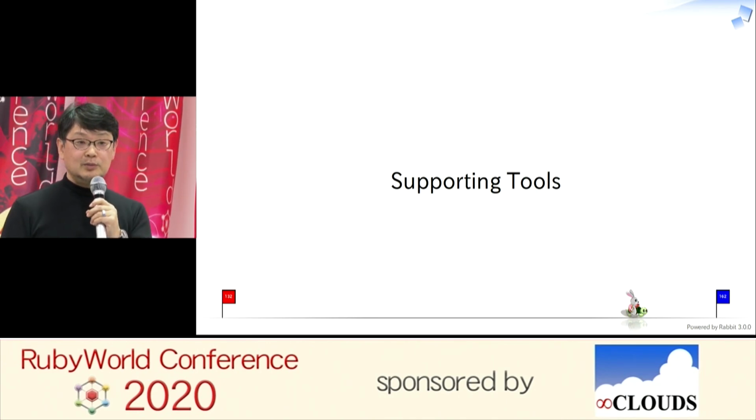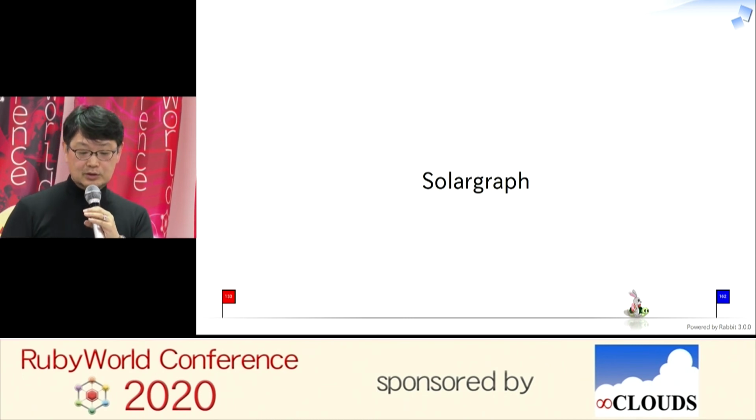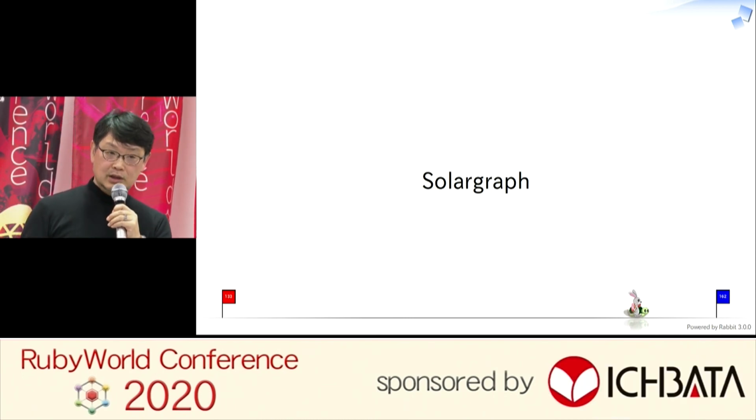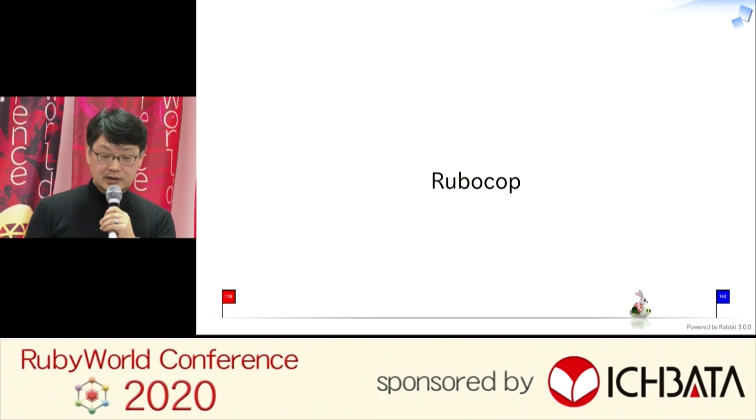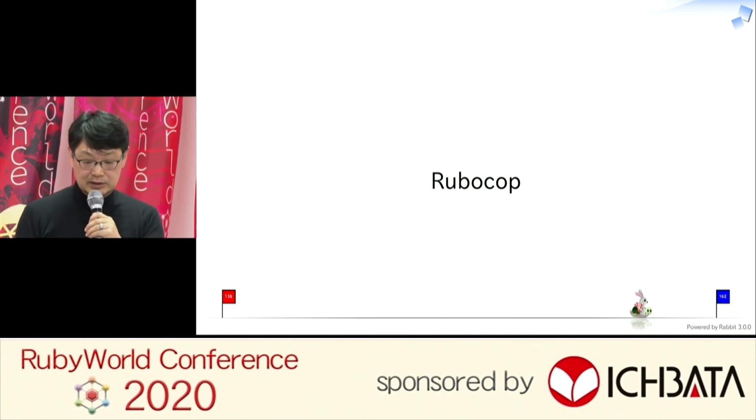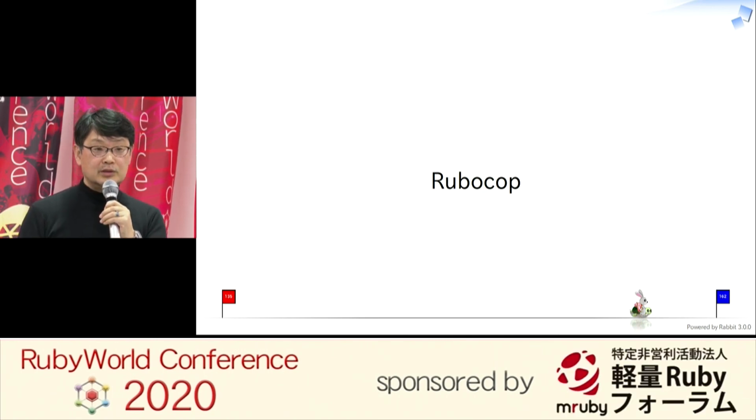Then we have to improve the supporting tools. Not only the language called Ruby, but we have to have tools to support the language Ruby, like Solargraph or Sorbet. And for the code linter, we have RuboCop.